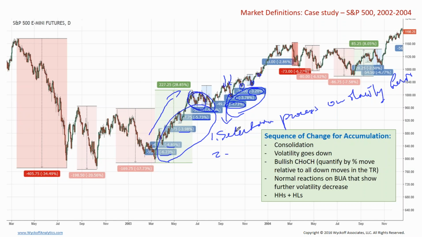But the second key here is going to be to follow normal reaction characteristics to unfold, and then anticipate that the volatility is going to remain the same, with an assumption that the trend is going to continue.